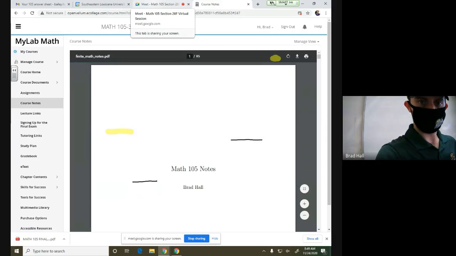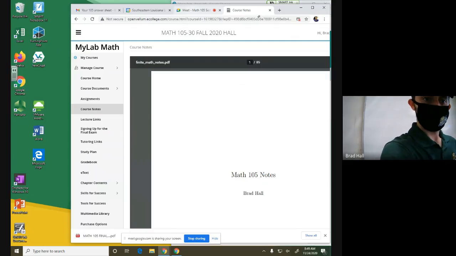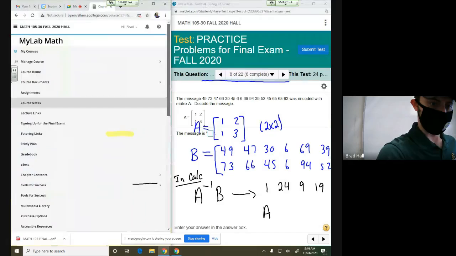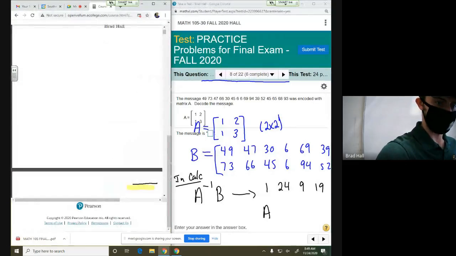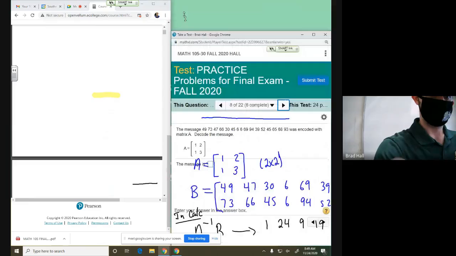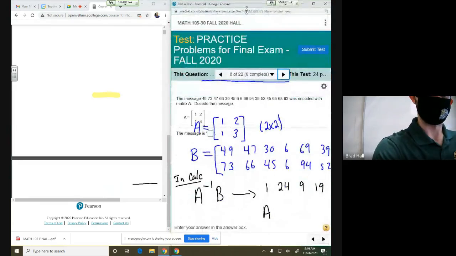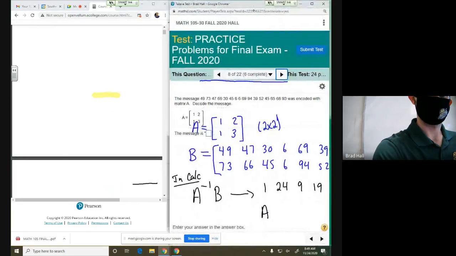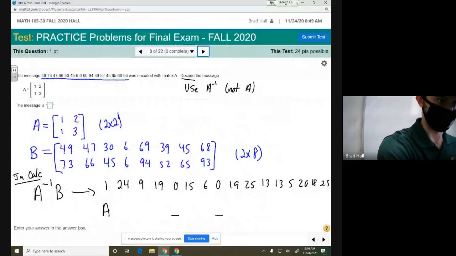And if anyone figures out this message, just go ahead and tell me. Axis of symmetry. Axis of symmetry? Okay. That will save some time. Axis of symmetry.